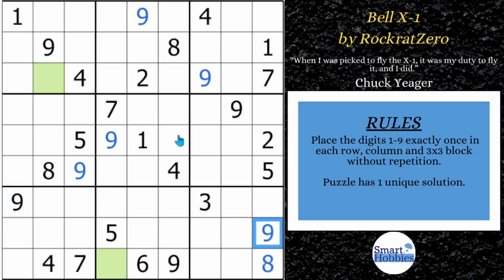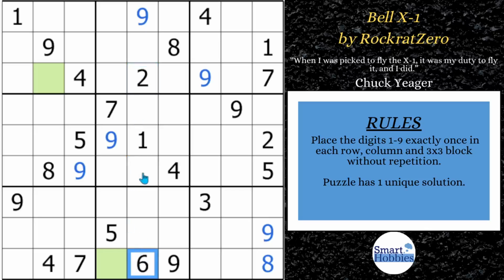Now you want to look here in block 5. You have a hard time finding another solve until you go here. And the reason it's hard is that there's no real clear row or column or block to look at. So you have to look at multiple. Look at this cell right here. Within the block, you have a 1, 4, 7, and 9 that all see this cell. In the column, you also have a 2 and a 6.